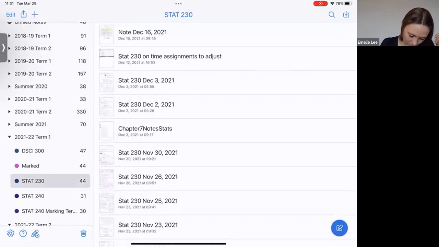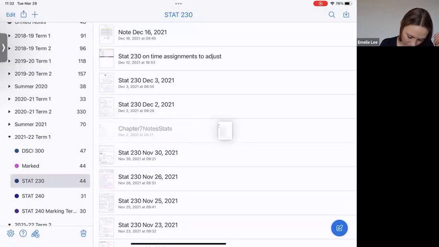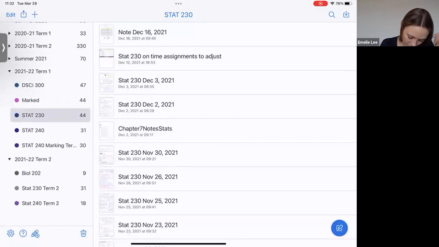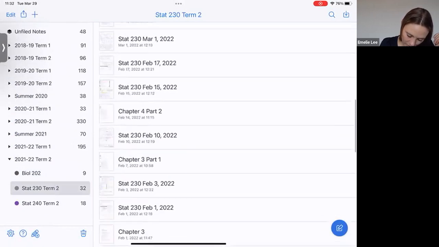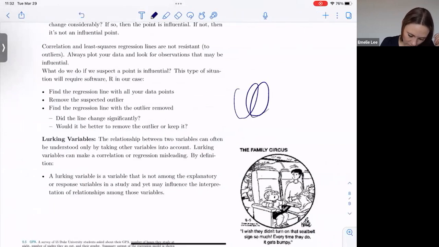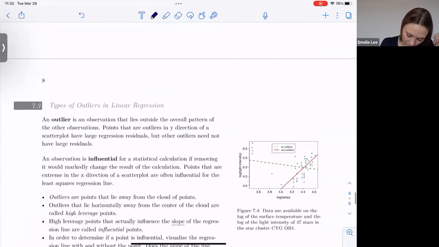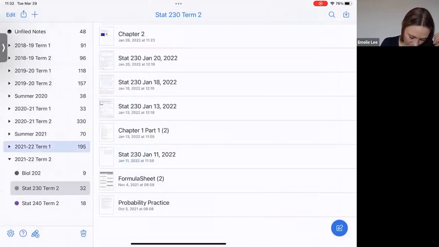Let's see here. How can I bring it into ours? Too far.